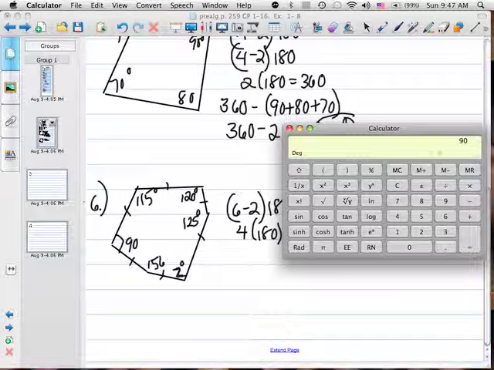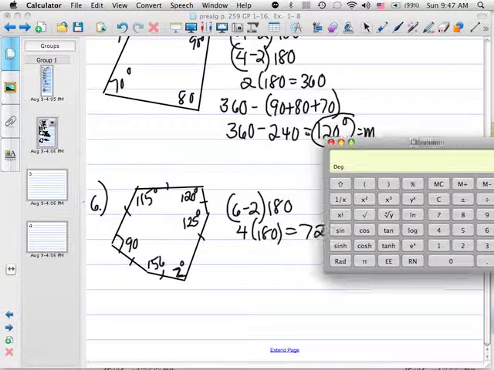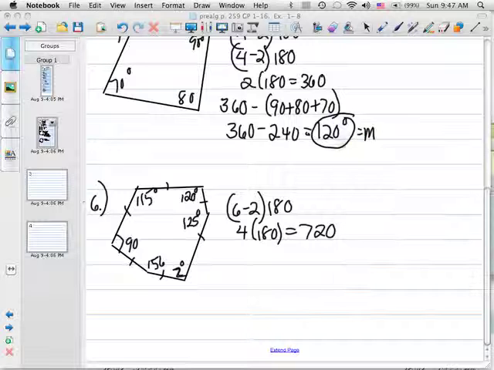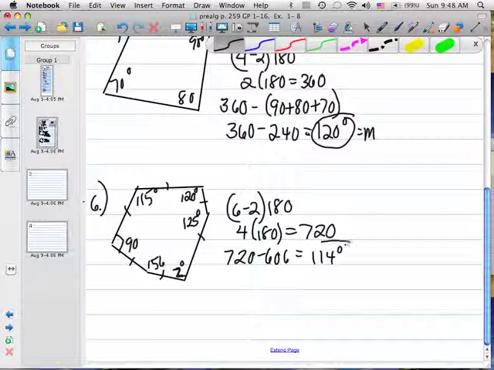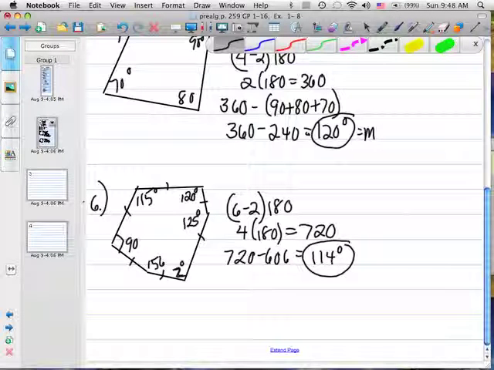So we have 90 plus 115 plus 120 plus 125 plus 156. And we have a total of 606. So we're going to take 720 minus 606, and that gives us 114 degrees for Z.